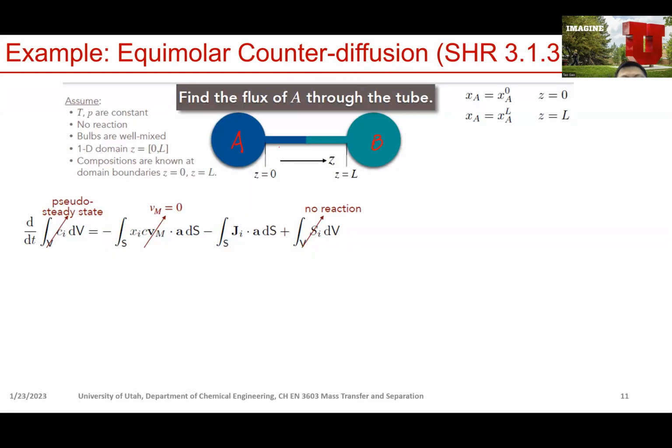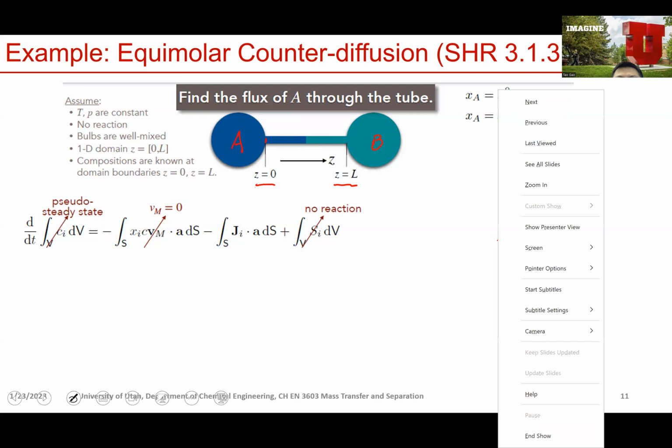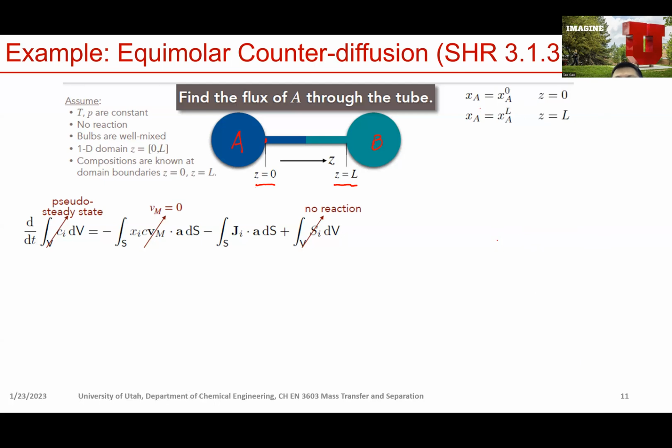We lay down a coordinate, where the origin is here, and the length of this tube is L. So on the right hand side the coordinate is Z equals L. Then on the left hand side, at Z equals 0, we have the initial concentration XA0, and on the right hand side, we have XAL, right?